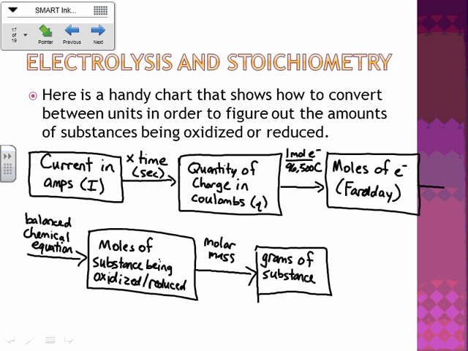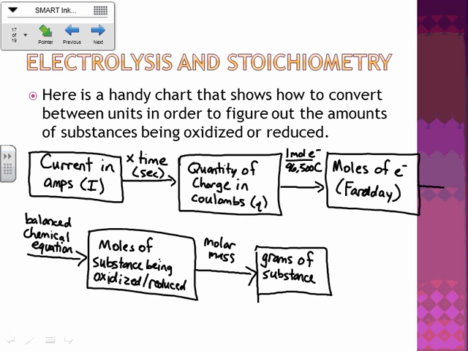So we need to know how much current in amps we need to pass through this thing. And usually what they'll say is something like, how many grams of a substance can be produced in this amount of time if this is the current we're passing through the electrolytic cell, okay? So you're starting with current, and they'll hopefully give you an amount of time, all right? So what you would do there, you would just multiply by time.